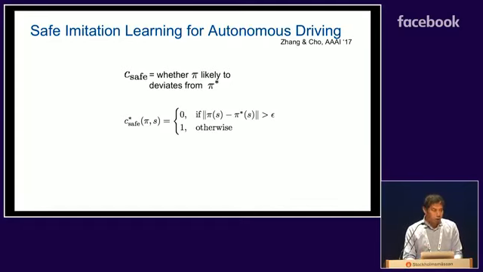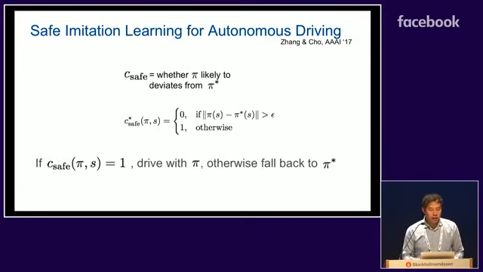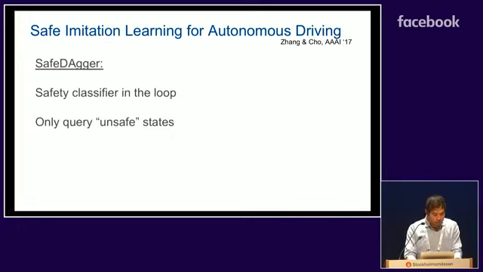And then we can use binary cross entropy loss as the objective to train c safe. And then the way to incorporate safety into training is pretty straightforward. The principle is, in the current state, if c safe returns 1, then we drive using our current policy pi. Otherwise, the expert policy pi star will take over, and the current policy is considered unsafe.